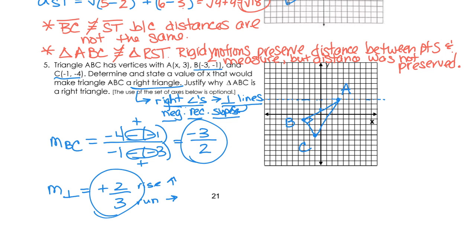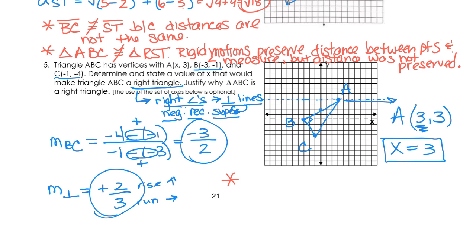And so now I can tell you that A's coordinates are 3, 3, which means that the x value that they didn't tell me before is 3. And that's one of the things that we had to figure out. Determine and state a value of x that would make triangle ABC a right triangle. And now we're going to write a little bit of a justification why that is a right angle.